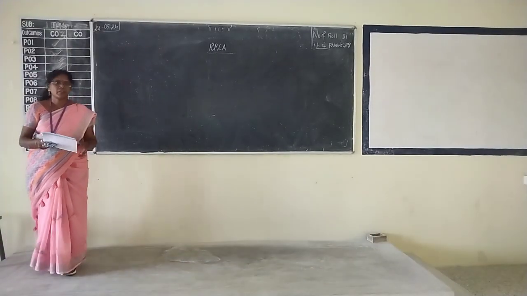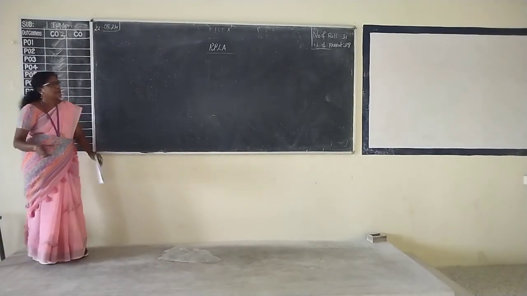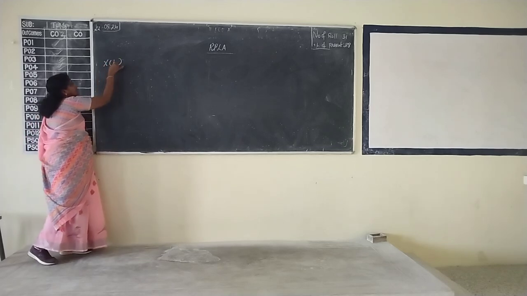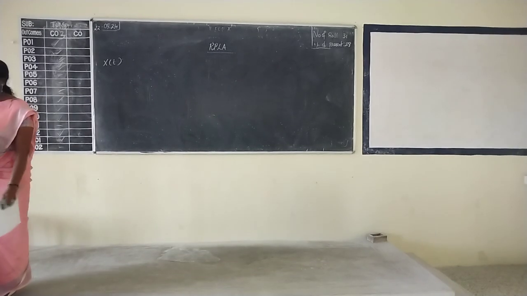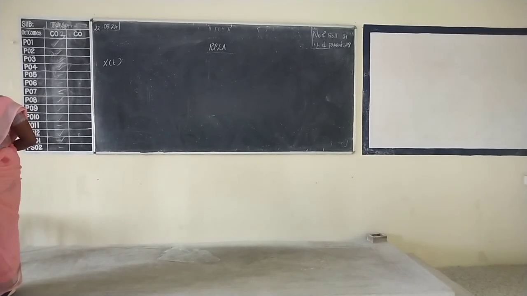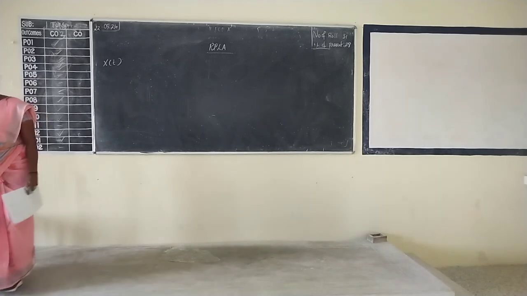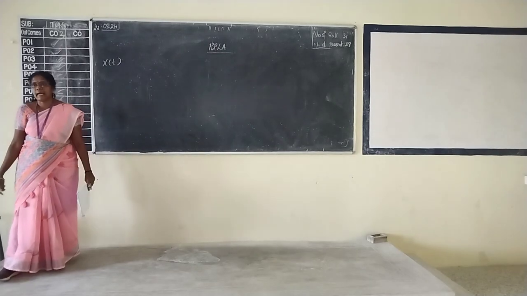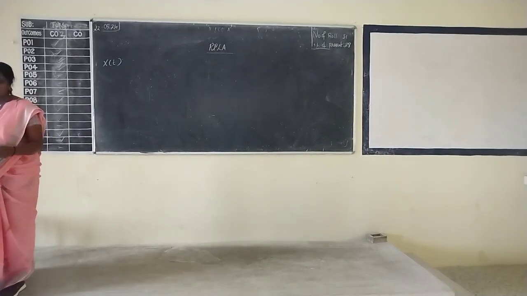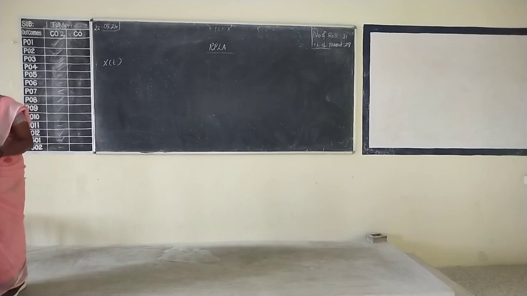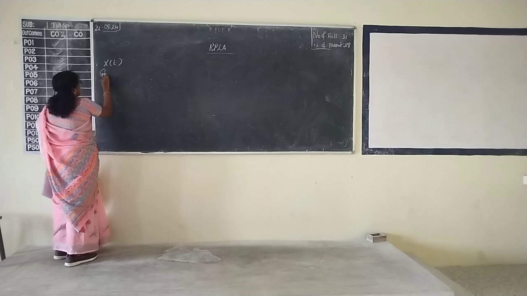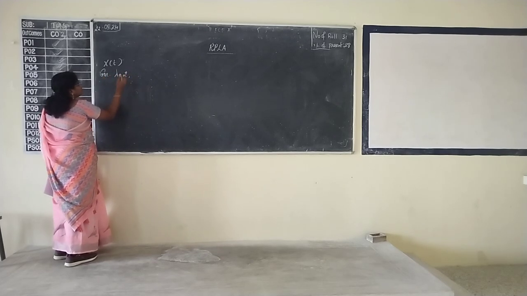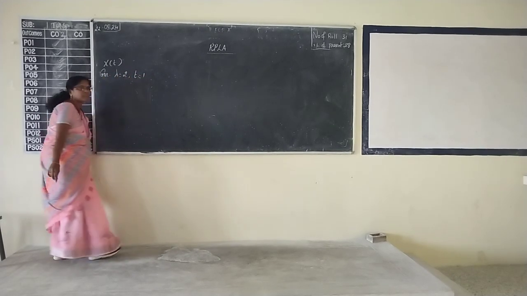Let X of t be the number of patients arriving during a time interval. Given lambda equal to 2, t equal to 1.